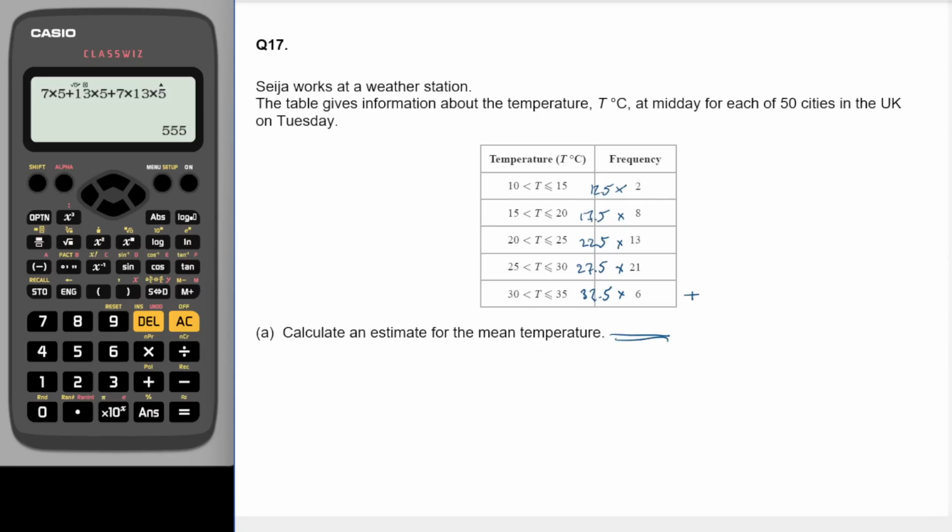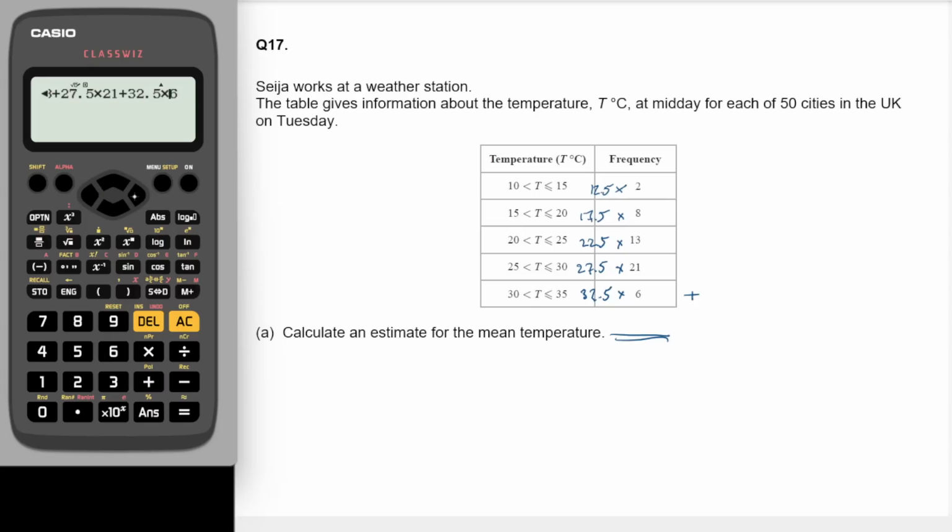So 12.5 times by 2 plus 17.5 times by 8 plus 22.5 times by 13 plus 27.5 times by 21 plus 32.5 times by 6.